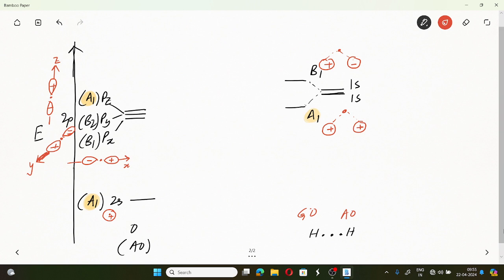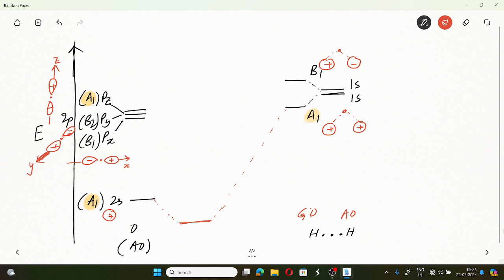So let us see this 2s and this A1, they are combining. Now we can say this is the bonding molecular orbital, isn't it?